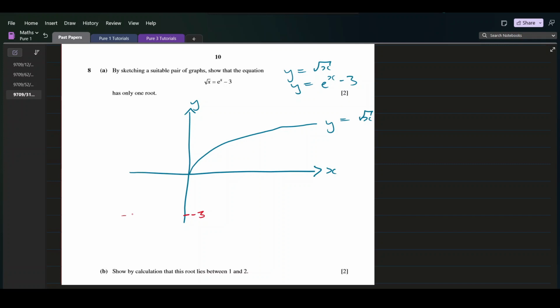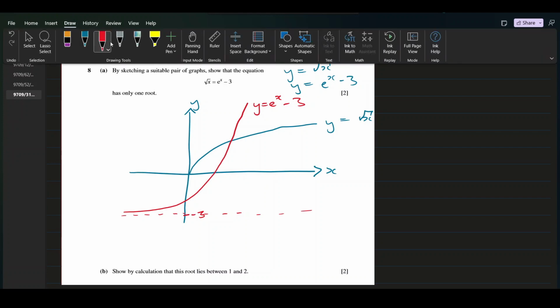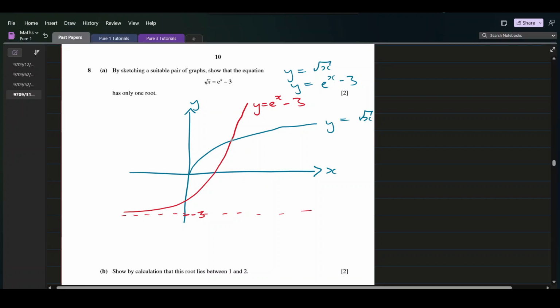And so this means that its asymptote is now over here, and our graph looks something like this. This is the graph of y is equal to e to the x minus 3, and we can tell that our two graphs have one point of intersection.